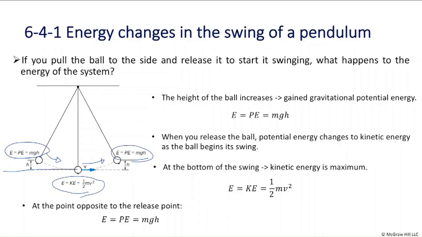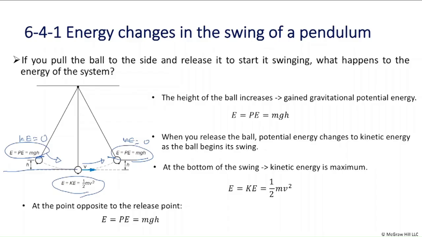And just before it falls back at the highest point, its potential energy is maximum and the kinetic energy is 0. At these points, kinetic energy is 0 just before it changes direction. Therefore, the total mechanical energy of the system is just the potential energy at these points.